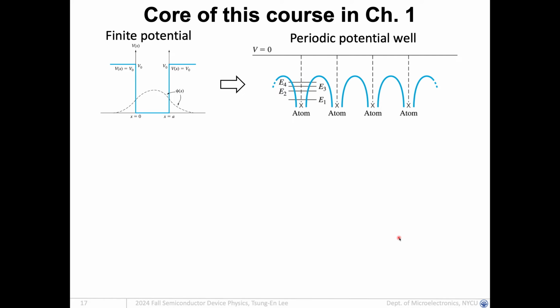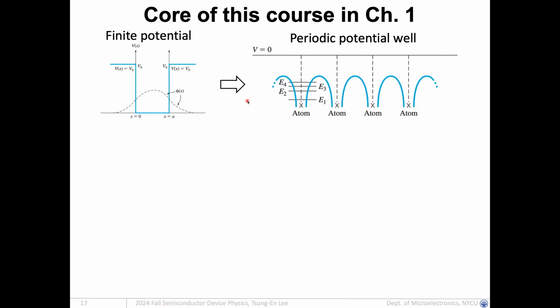In the core of this chapter 1, we will introduce the quantum theory in solids, right? So you may have learned the quantum well, no matter whether finite or infinite potential well, in modern physics, which has been taught in the second year of your course.